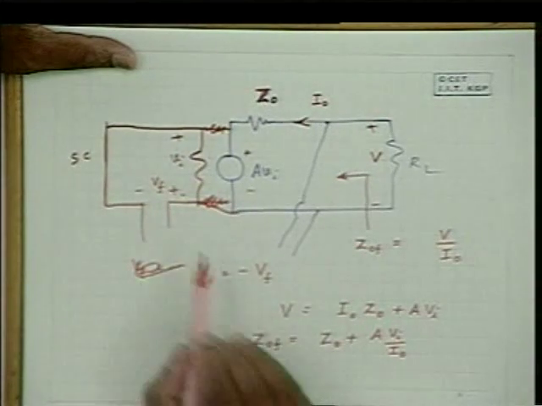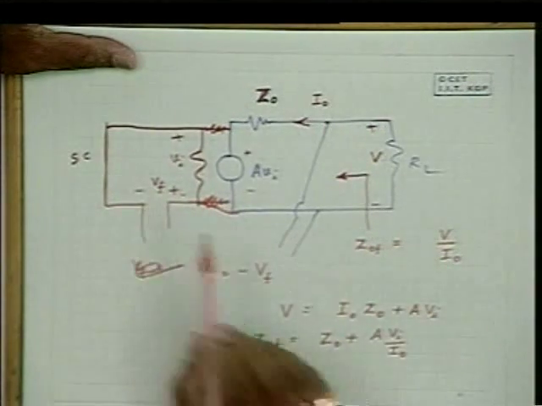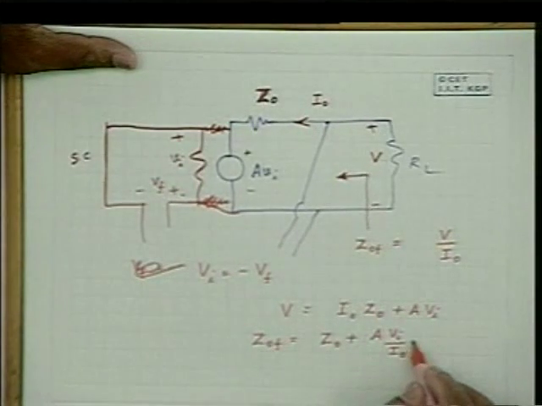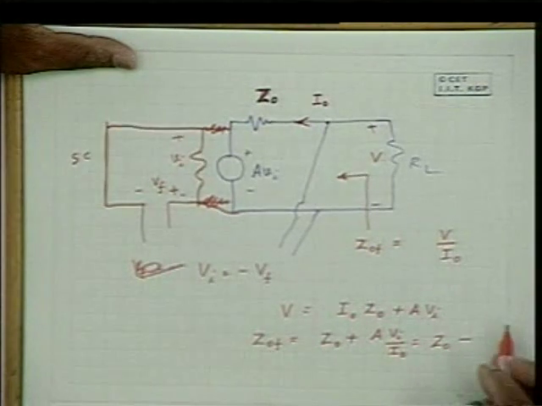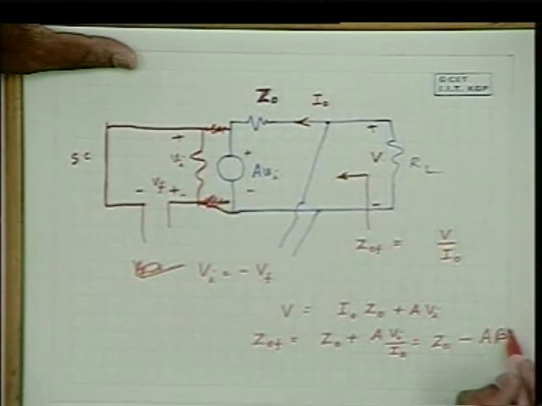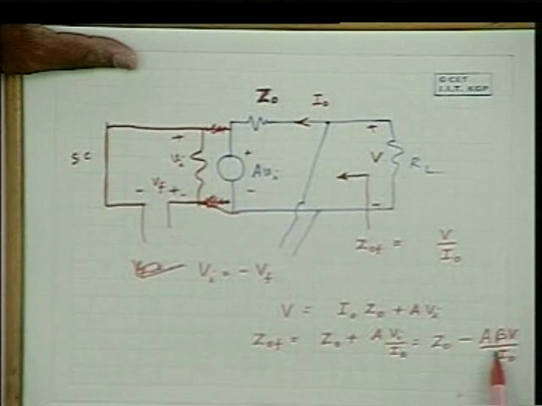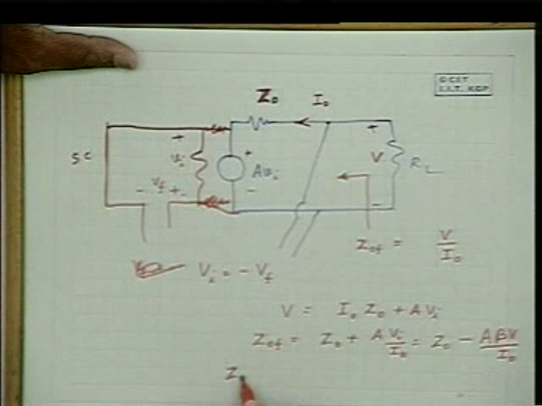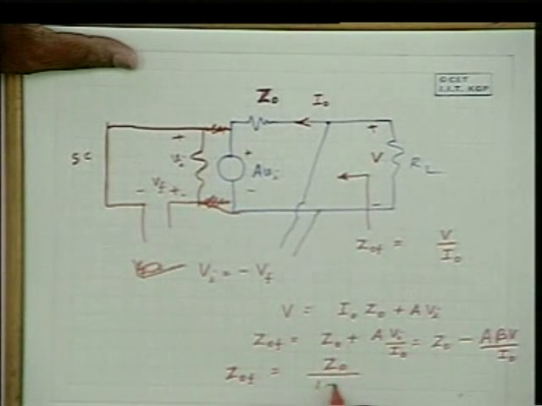So Vi is equal to minus Vf, and Vf is beta times V. Therefore, this is equal to Z naught minus A beta times V by I naught. Now, V by I naught is ZOF, and if I bring it this side, I'll get ZOF as ZO by 1 plus A beta.